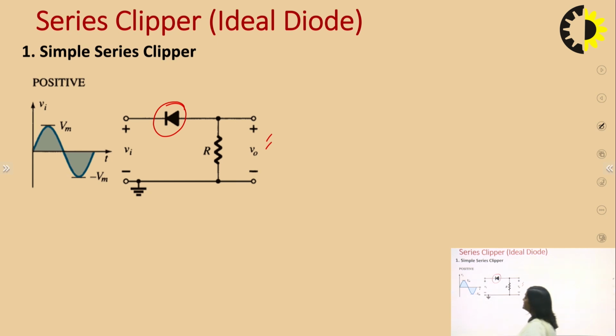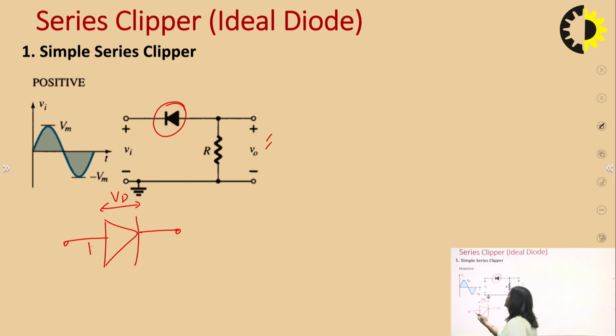Here we have an ideal diode, and the voltage across this diode is VD. This is VP, the potential at the P plate, and this is VN, the potential at the N plate. So VD is equal to VP minus VN.